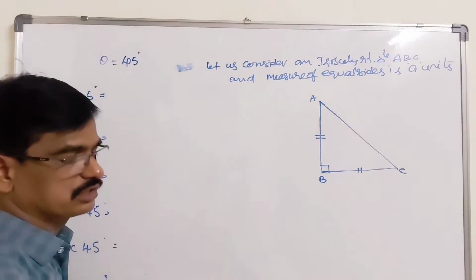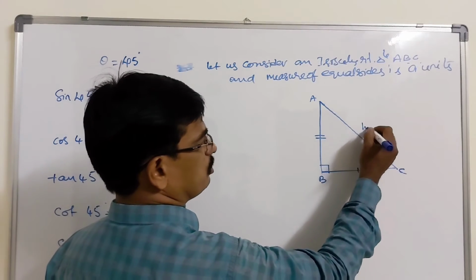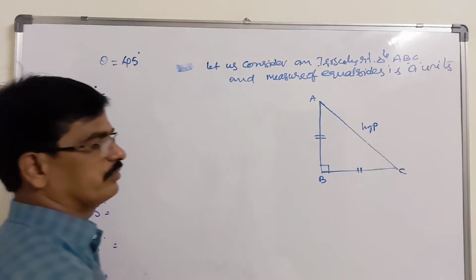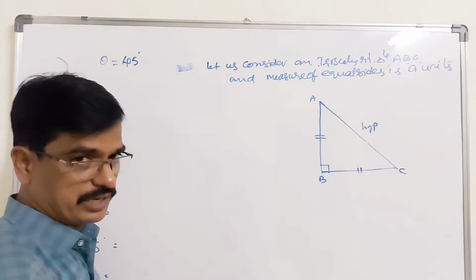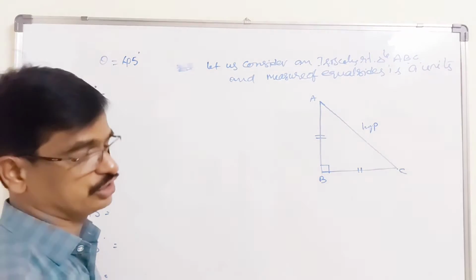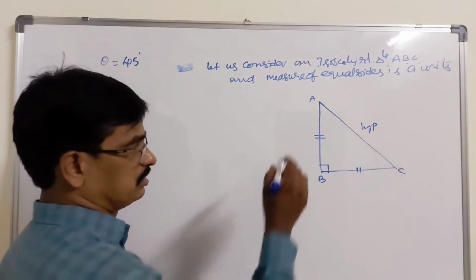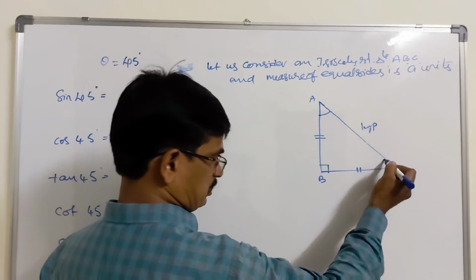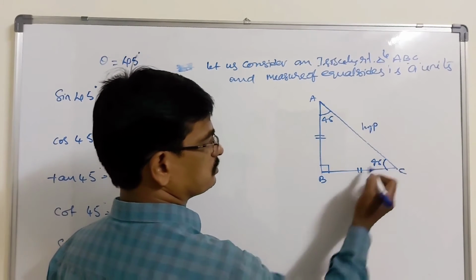The side opposite to 90 degrees is called the hypotenuse, where AB and BC are perpendicular sides and they are equal. In an isosceles right triangle, the two angles are equal, that is 45 degrees, 45 degrees.